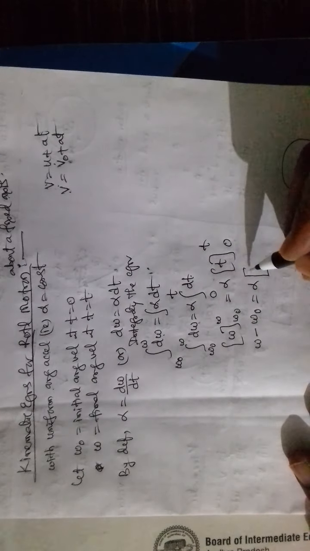Now if you integrate d omega, you get omega. If you integrate dt, you get t. Now upper limit substituted minus lower limit.